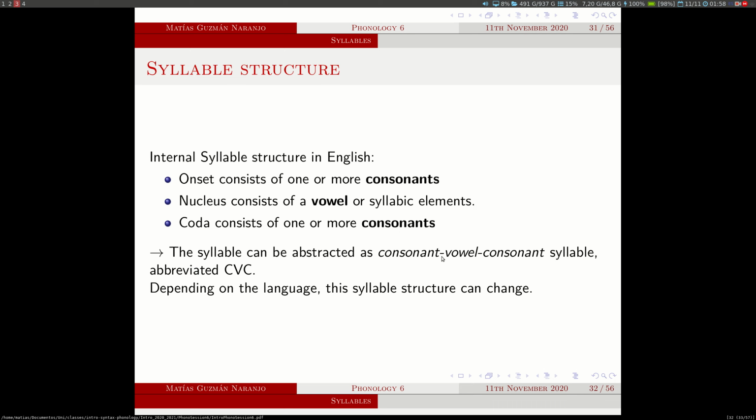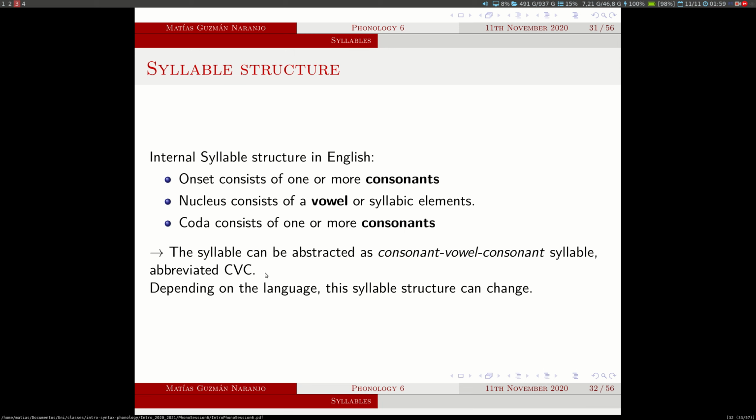So in English, the onset consists of 1 or more consonants, the nucleus must be a vowel or a syllabic element, or a set of vowels in cases of diphthongs, and the coda can also consist of 1 or more consonants. And we can abstract syllable structure as before with the same notation, C for consonant and V for vowel, and write something like CVC, and this is a syllable structure.